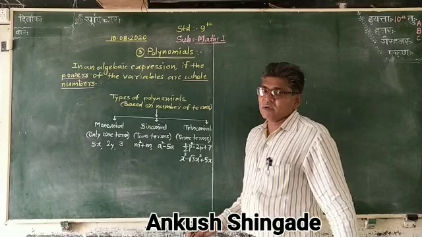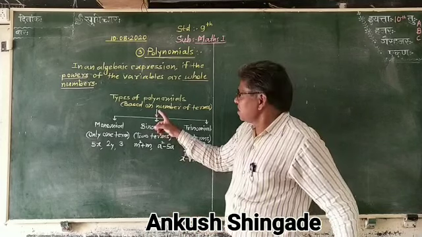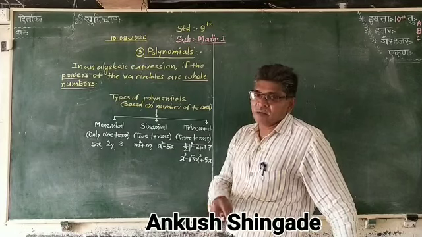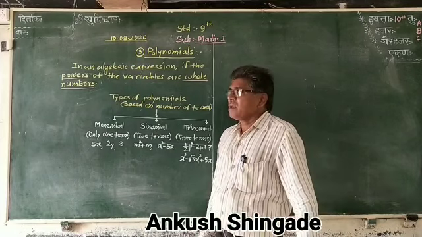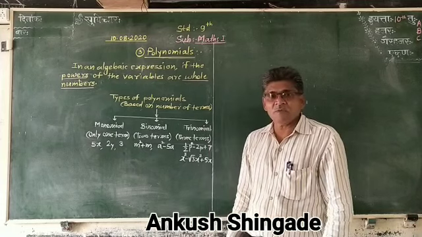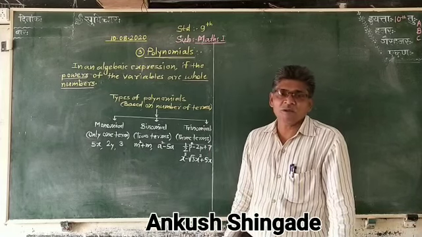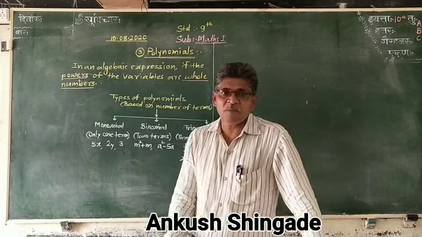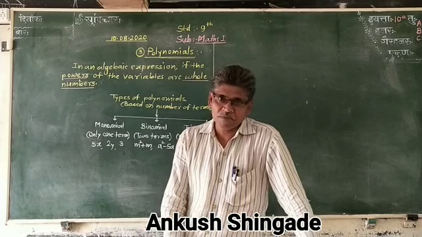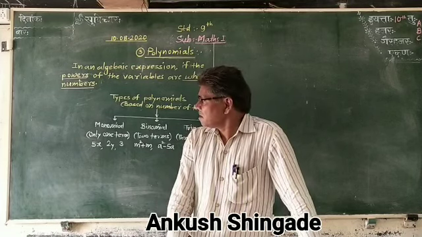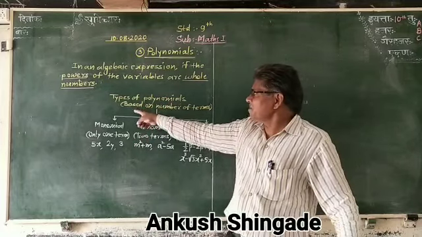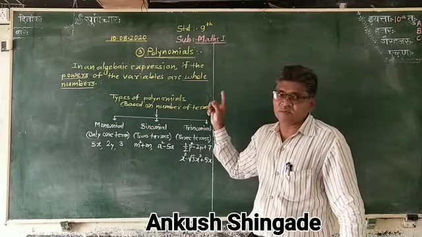First type is based on the number of terms given in the polynomial, and the other type of polynomials is based on the degree. Let us study about the types of polynomials based on number of terms.